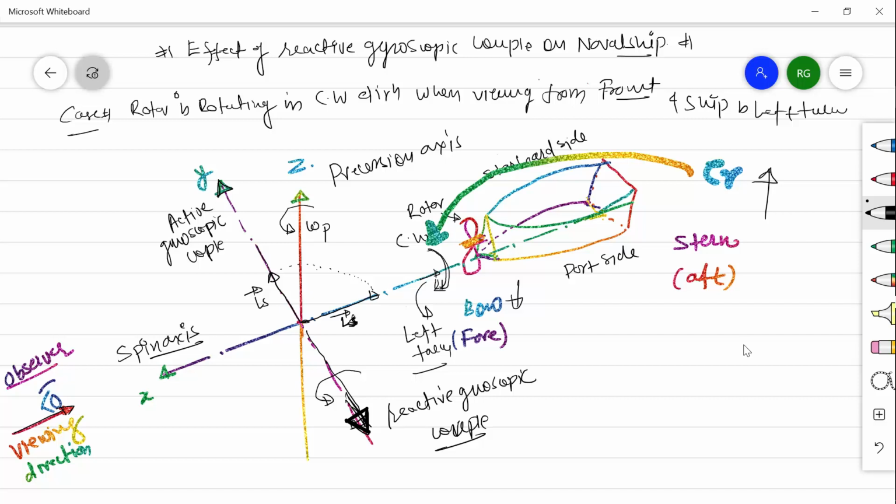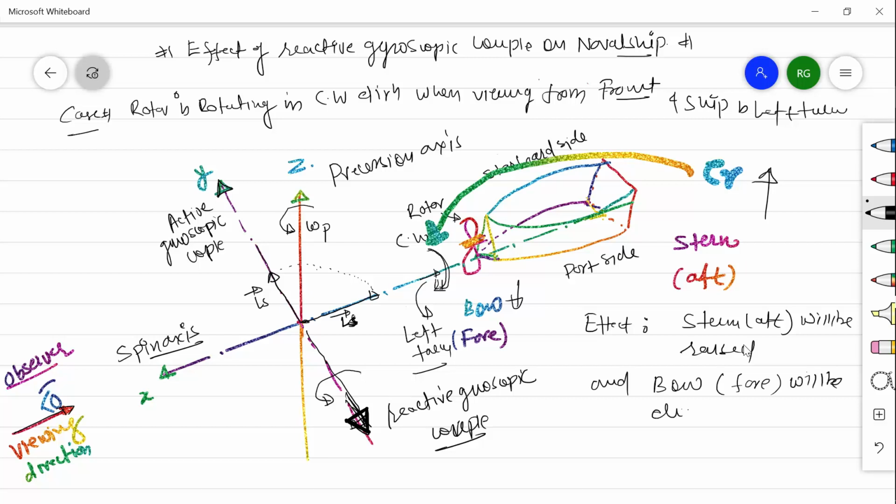So our answer would be: the effect would be that the stern, or aft, will be raised and the bow, or fore end, or front end, will be dipped. So this would be the effect of the reactive gyroscopic couple in this particular situation.